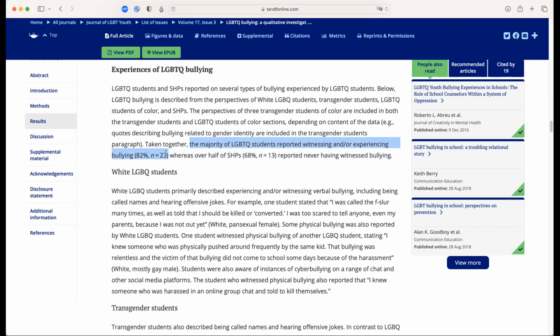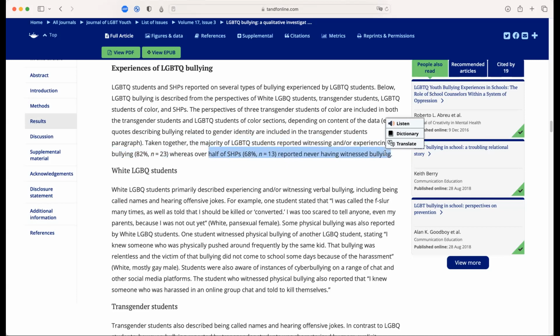So 82% reported witnessing or experiencing bullying. By contrast, only 32% of the SHPs reported that they'd ever seen that. So this is the portion that never witnessed that. So we see here that there's a dramatic difference in perspective here, but they gained that starting from their qualitative data collection.